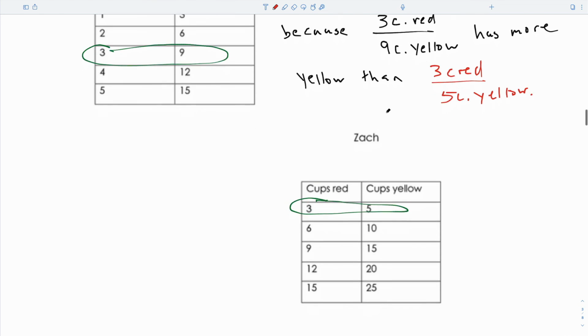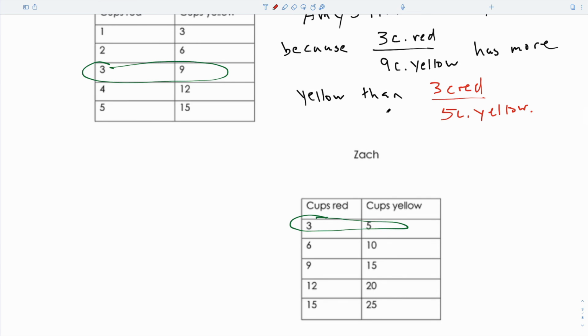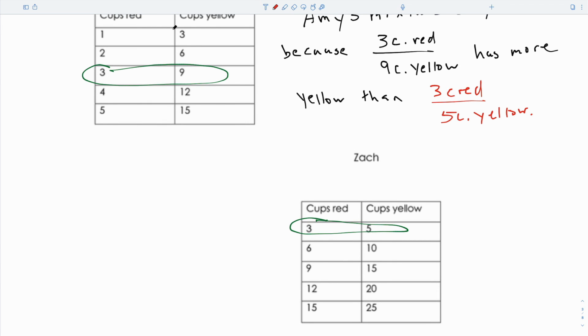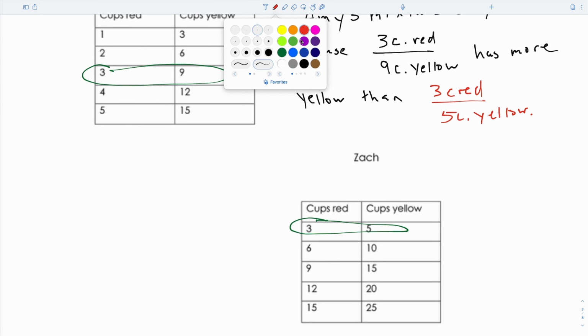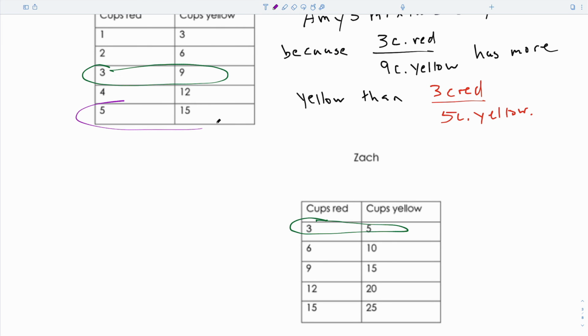but let's just for fun try to use the yellow column, because we can use both. So this is 3, Zach doesn't have 3. 6, Zach doesn't have 6 yellow. 9, he doesn't have 9 yellow. 12, no 12 yellow. 15, he does have 15 cups of yellow. So let's go ahead and circle the 15 and compare them.